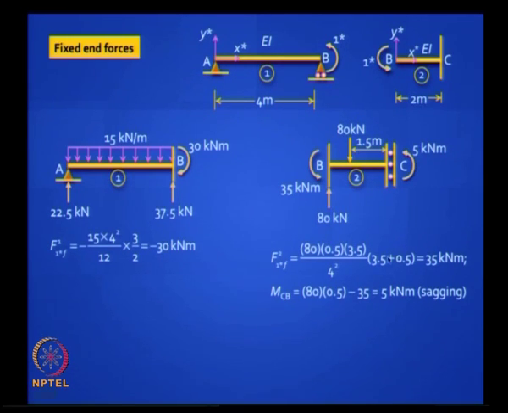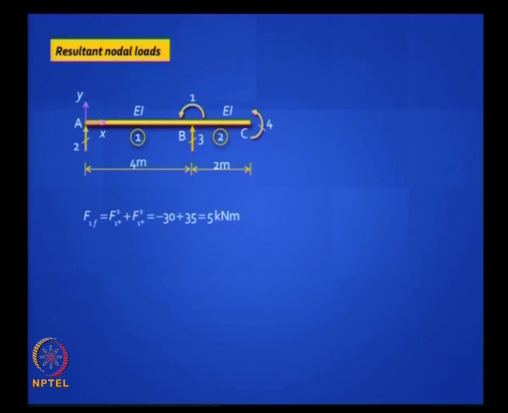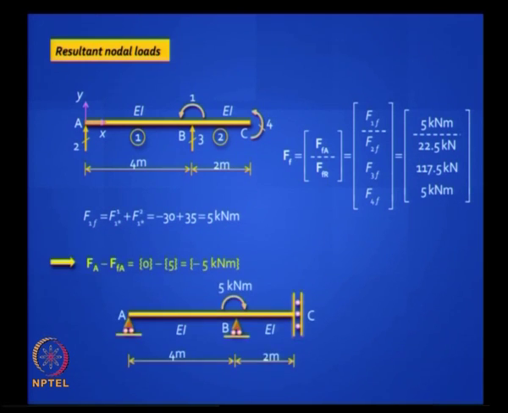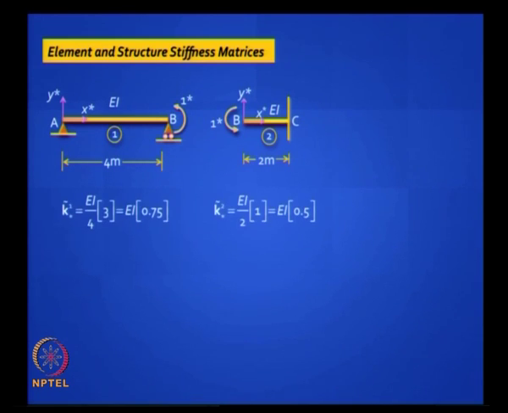Okay, let us look at fixed end forces. Fixed end forces for the first one is 30 kilonewton meter, and for the second one we have done this problem earlier, right? You get 5 kilonewton meter, you can add up and get the resultant force vector, which is 5 kilonewton meter, and you have this matrix 5 kilonewton meter, and substitute your, is this clear?